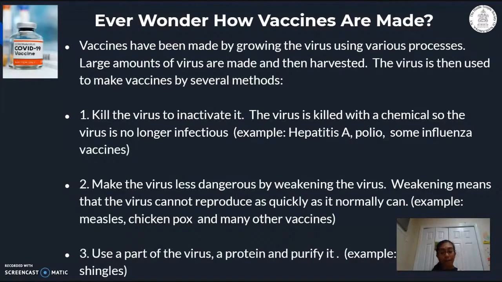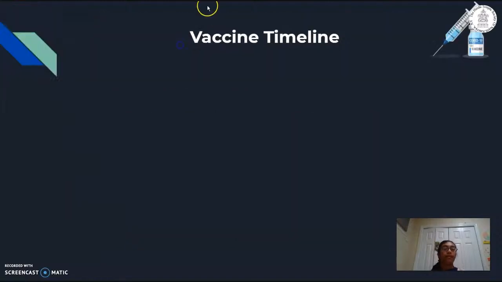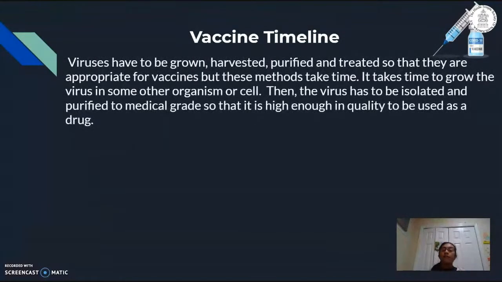And we've used this in the hepatitis B, shingles, and other vaccines. So viruses have to be grown, harvested, purified, and treated so that they are appropriate for vaccines, but these methods take time. It takes time to grow the virus in some other organism or cell.